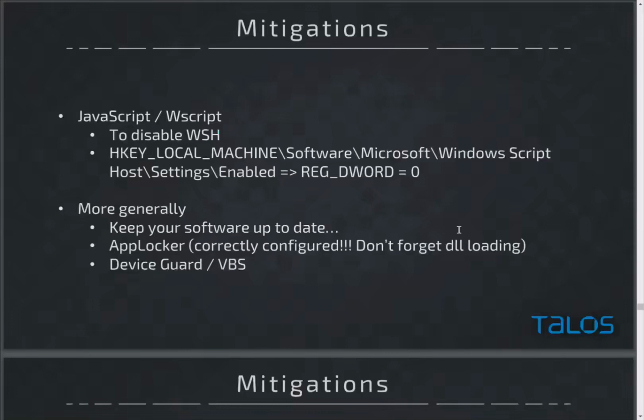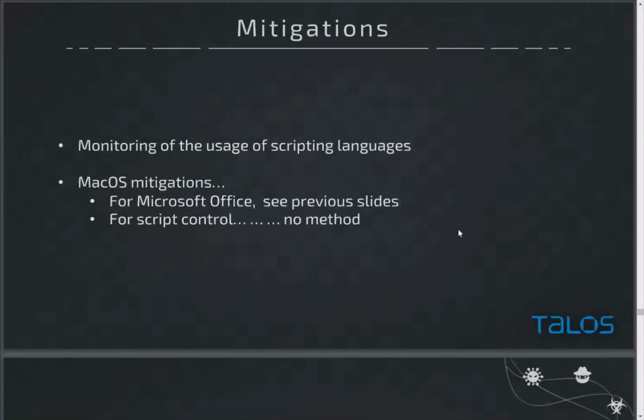So it avoids the execution of .exe files, but it does not block library loading. And after, you get more advanced stuff like Device Guard or VBS on Windows 10. I'm not here to mention everything. And for macOS, I don't know if we can control scripts, and I don't think we have all the mitigations equivalent to the Windows system.